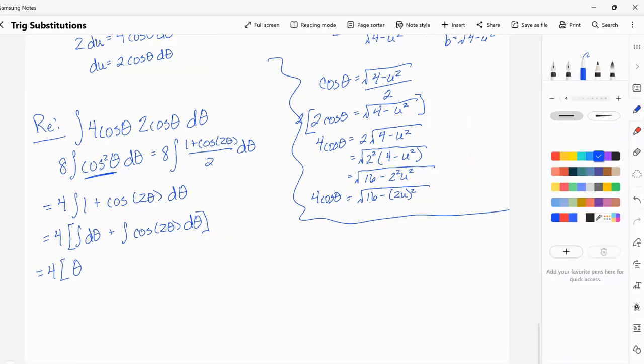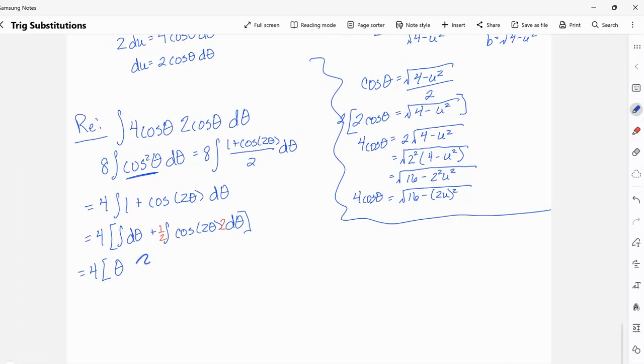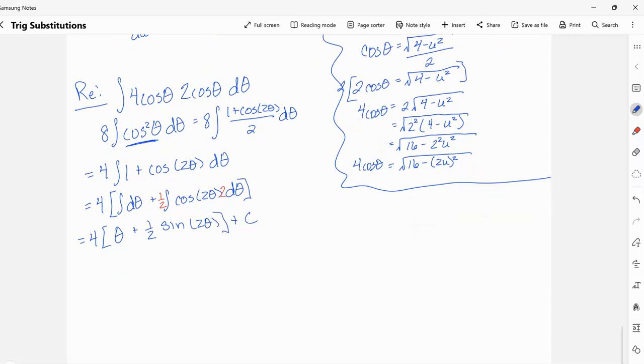This guy is a u substitution. We would need a 2 here and compensate with a 1/2 here. And when I integrate cosine, I get sine of 2 theta plus c.